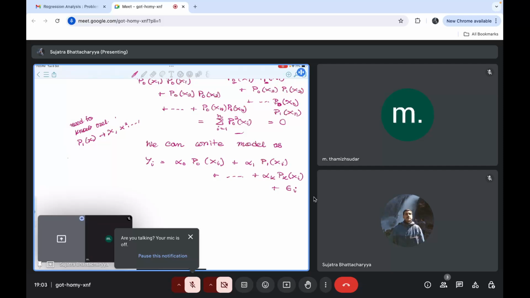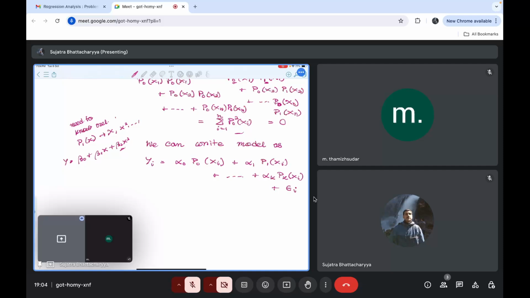Because ultimately what we want is y equal to beta naught plus beta 1 into x plus beta 2 into x square. We need this finally, but what we are writing is in terms of orthogonal polynomials. Just remember this. So you have to convert from p naught, p1 or pk, whatever the order of the polynomial, to x square, x cube at the very end, not at this moment.